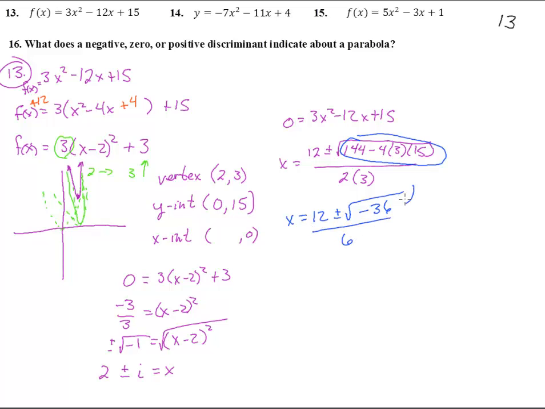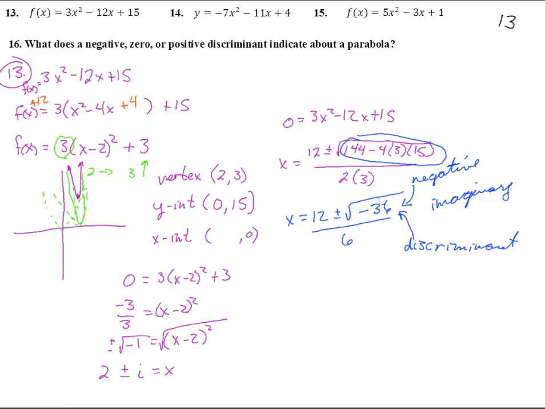When this guy is negative, you can tell that we will get imaginary zeros. And that's the case. We get these imaginary zeros down here, so we will not have any x-intercepts. So this guy, as a review, is called the discriminant.